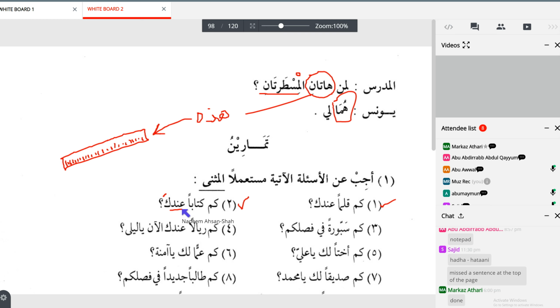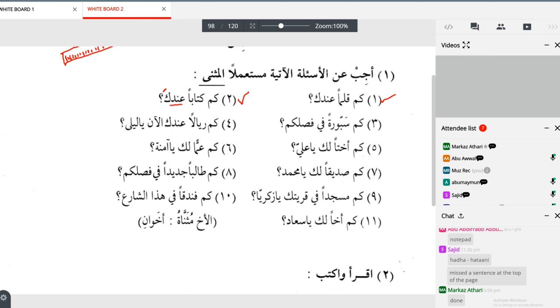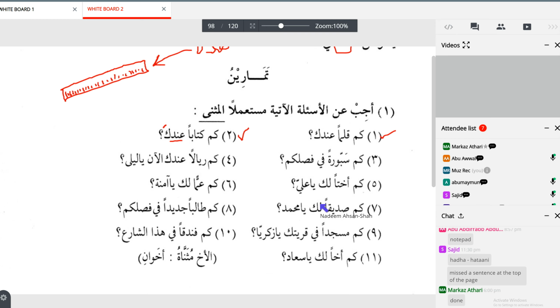Abu Abdul Rab, is the mic coming to you? Where is Abu Abdul Rab? He disappeared. Allahu Akbar.